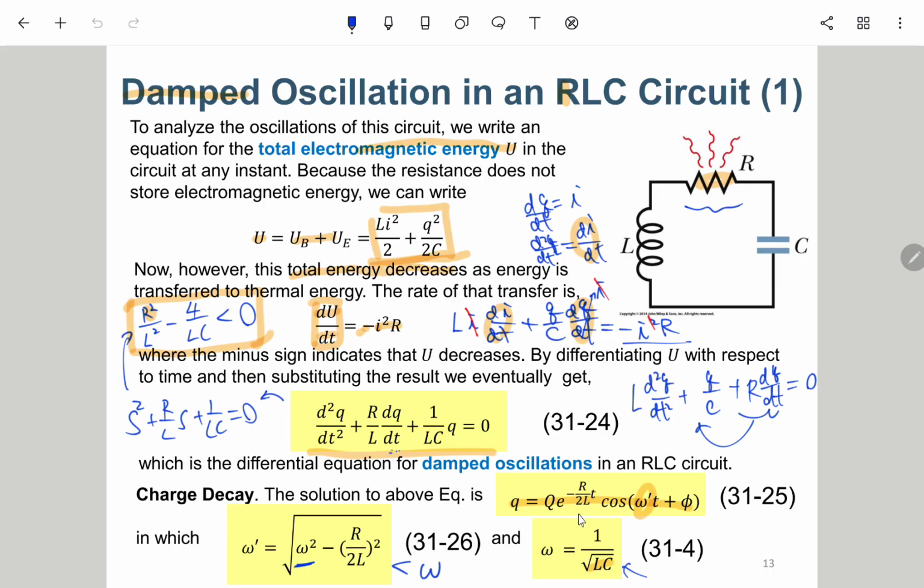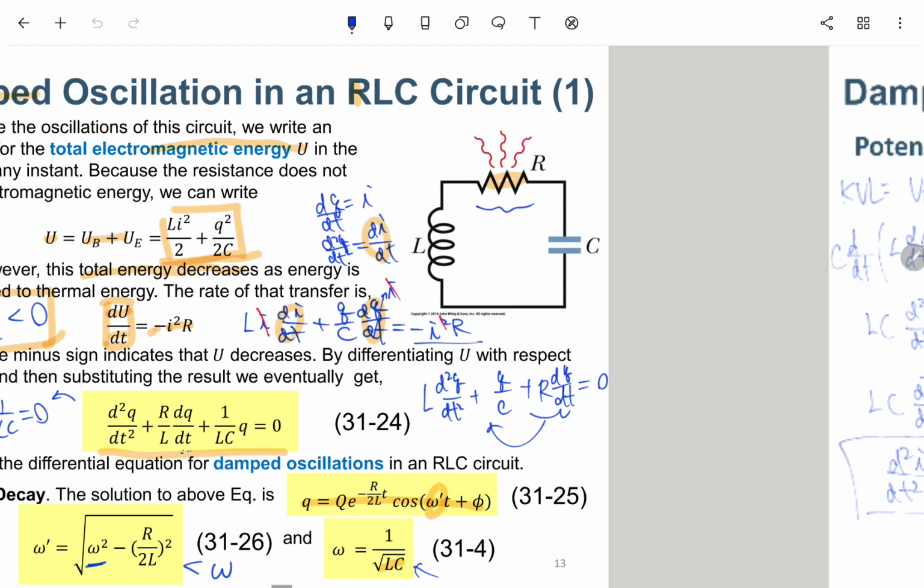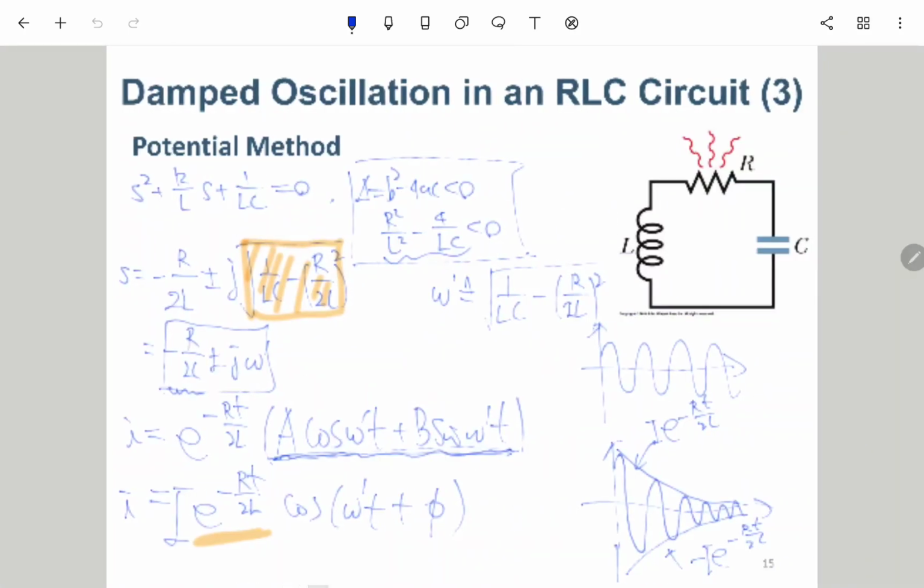Because we have this exponential, e to the negative Rt over 2L, this exponent is always negative when t is larger than 0, so it will always decay to 0 when t goes large.